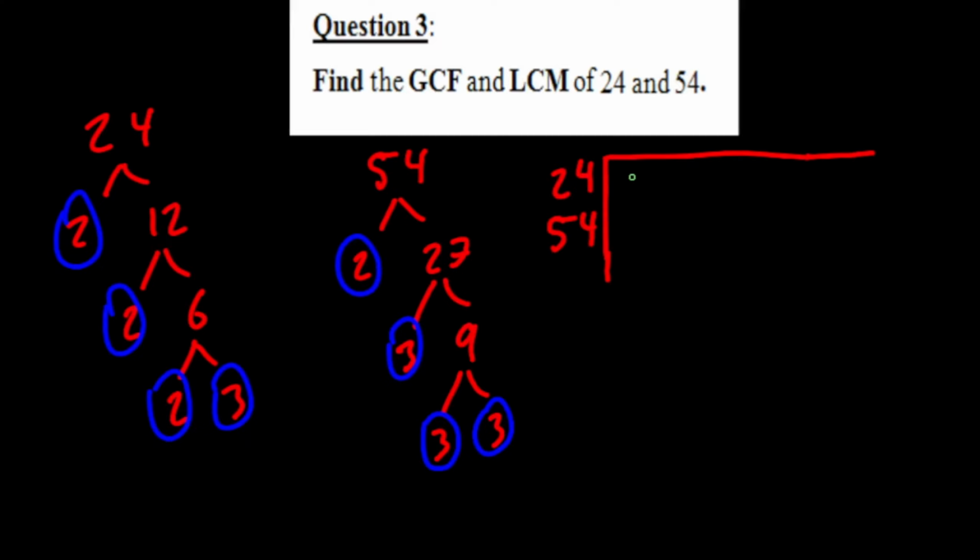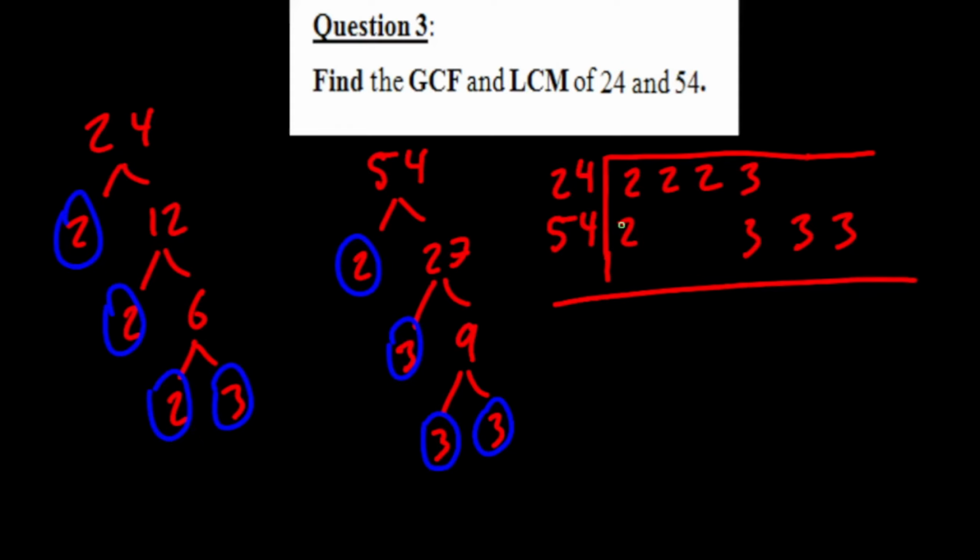So it's 2, 2, 2, and 3. And for the second number, you start off with the 2. We have a 2 for the 54. We don't have any more 2's. So you go to the 3. We have 1, 2, and 3 3's.